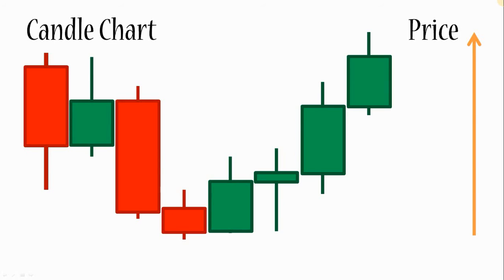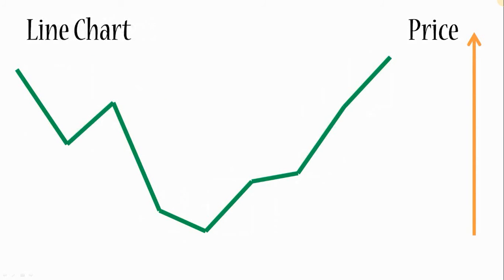If we take the close prices of every single day and connect them, we'll get a line chart. As you can see, it's much simpler. It carries less information, but sometimes it can be very convenient to make rough estimations and see overall patterns, and then after this analysis go into more detail.